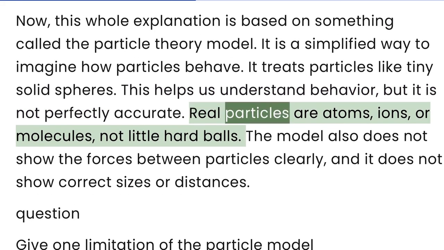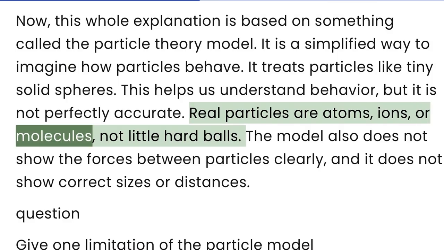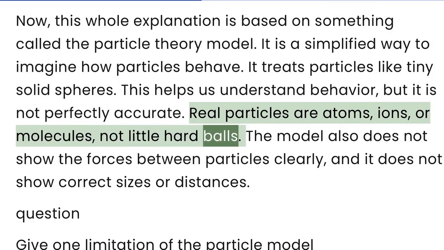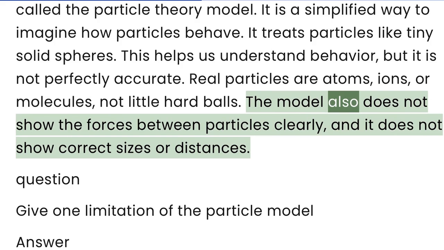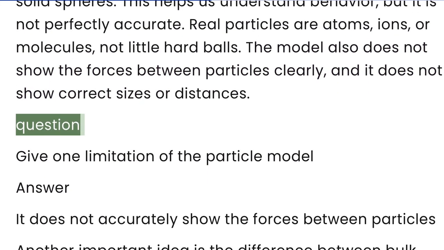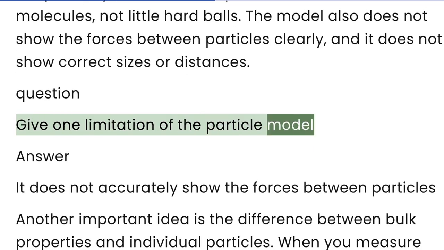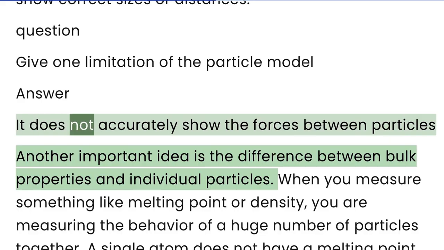Real particles are atoms, ions, or molecules, not little hard balls. The model also does not show the forces between particles clearly, and it does not show correct sizes or distances. Question: give one limitation of the particle model. It does not accurately show the forces between particles.